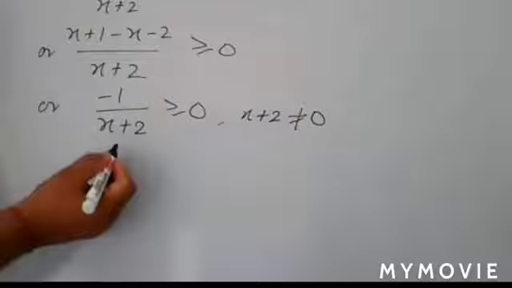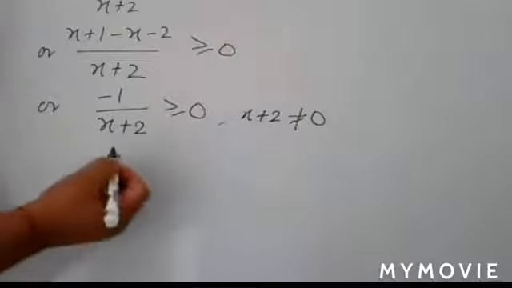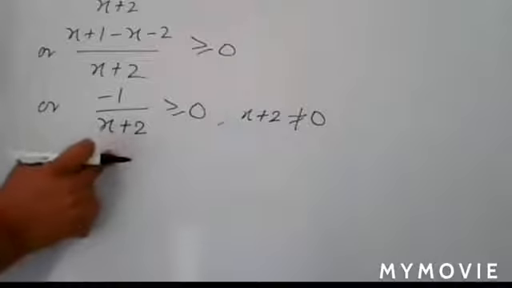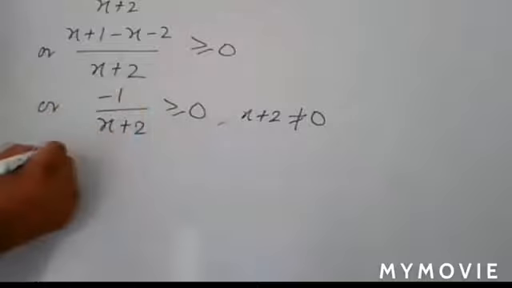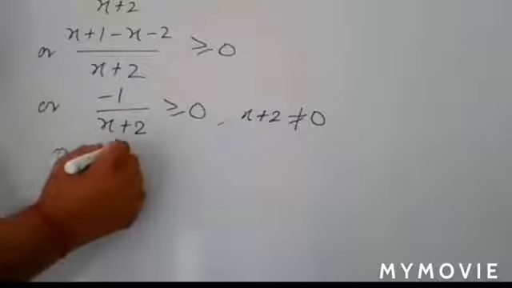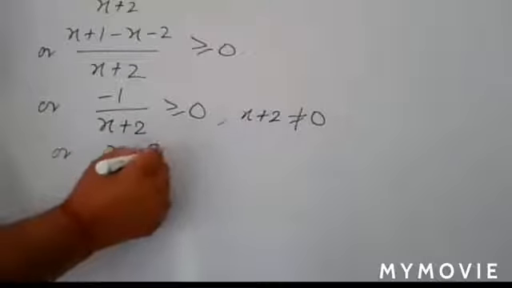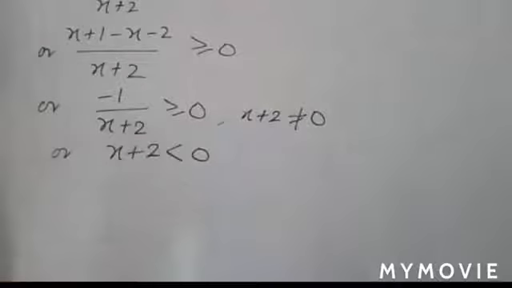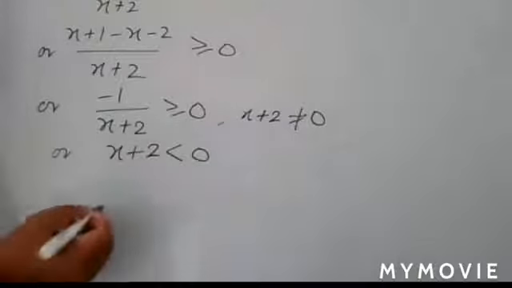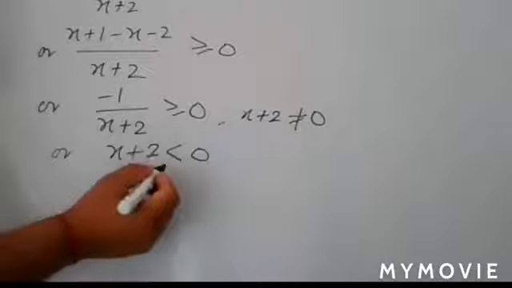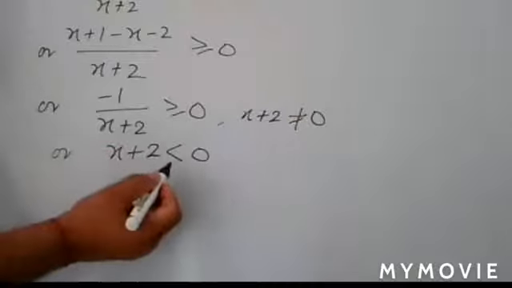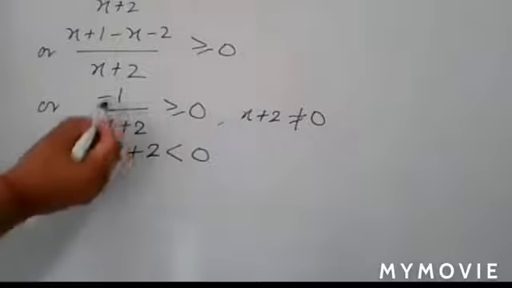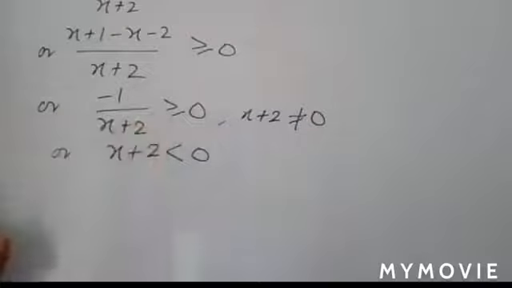Now if you take its reciprocal, you have x plus 2 is less than 0, not equal to. You must not include the equal sign, because if x plus 2 is 0, that term is not defined.